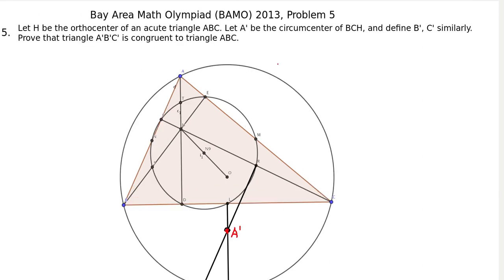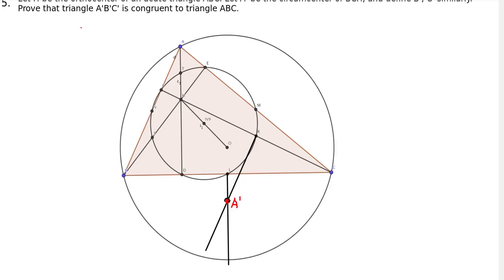And so usually if you have congruence, then there's probably going to be a nice reflective argument. So we could see, if we drew lines from A prime to some other points, could we get sort of a linearity?